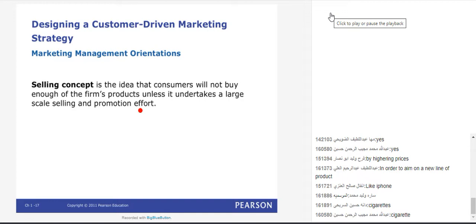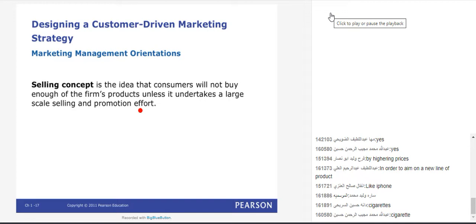So in the production concept, what was the focus? Simply the production. In the product concept, what was the focus? The performance and quality of the product. They began to pay attention to the product a little bit.